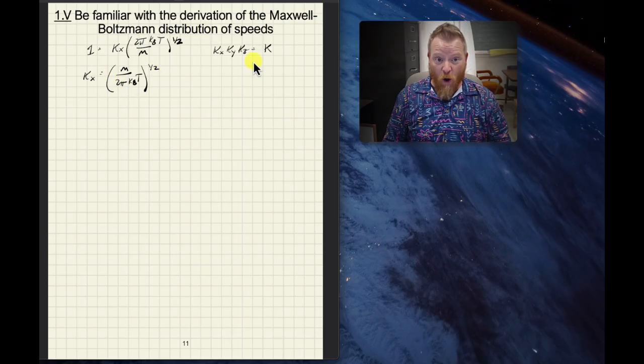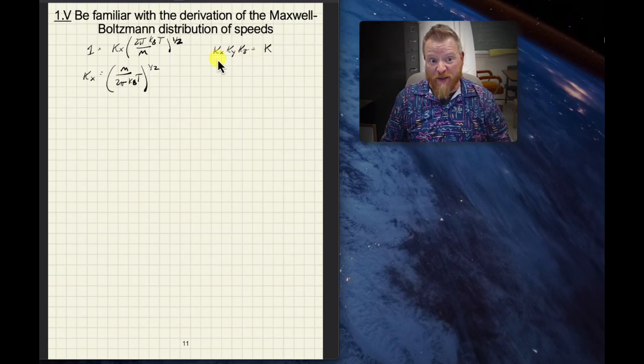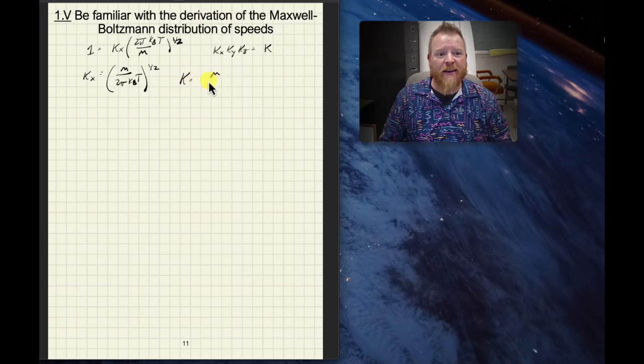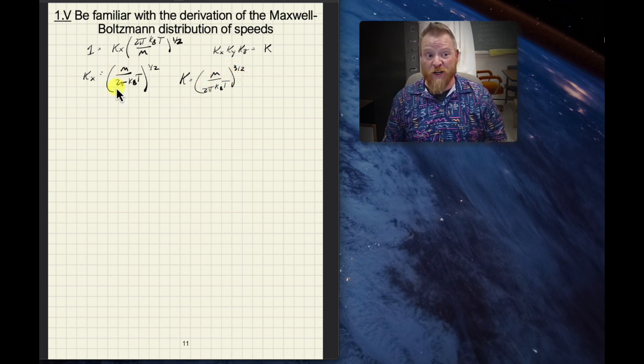So plugging all of those back in, you can see it would be kx times ky times kz, which is the same thing. So now we can say k is just m over 2 pi kbt to the 3 halves power, right? So we just cubed it, okay?